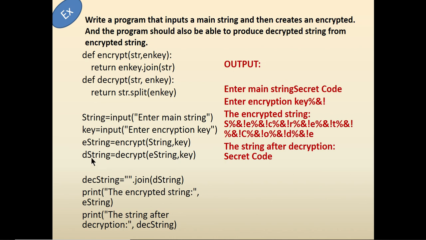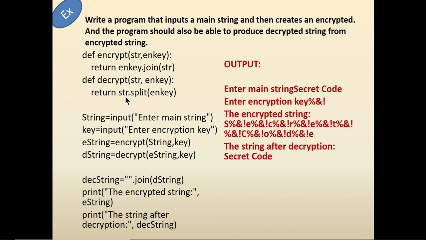And then d string is equal to decrypt of e string. Whatever the string that you have received, you are passing as an argument, and then the key is the same key that you have given, so that you can use it as the split value, right? Then you are passing this to the decrypt function.